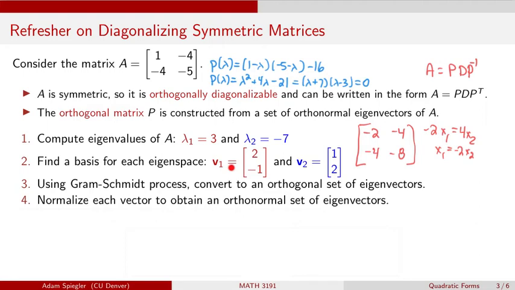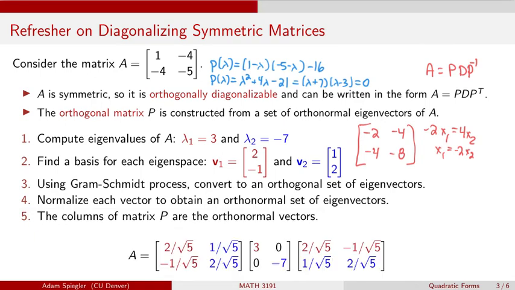We scale both vectors by their corresponding magnitudes, which in general may be very different. But in this case, both have magnitude square root of 5, so we can just scale them by 1 over the square root of 5.